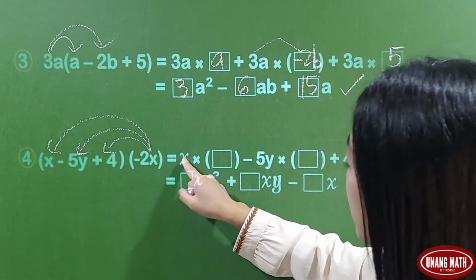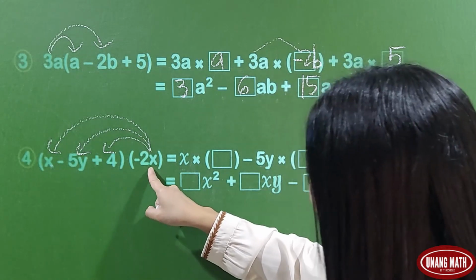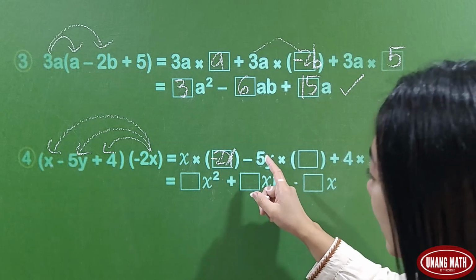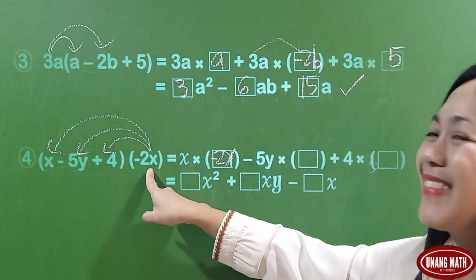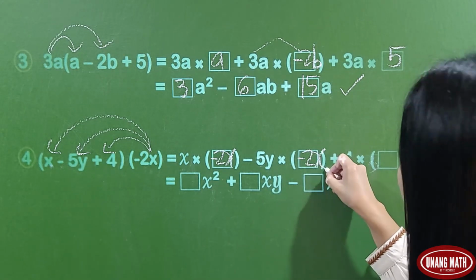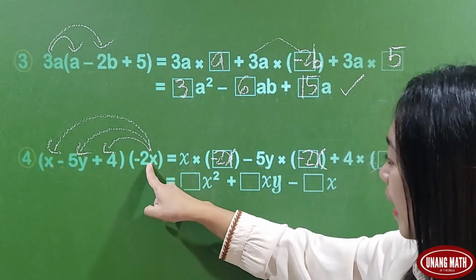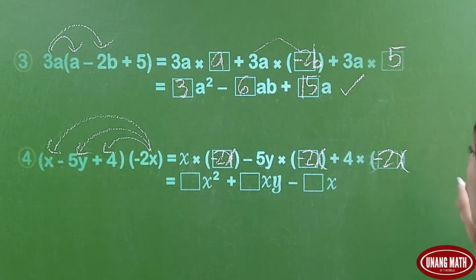So first, we have x times negative 2x. Next would be negative 5y times negative 2x. And then lastly would be 4 times negative 2x.